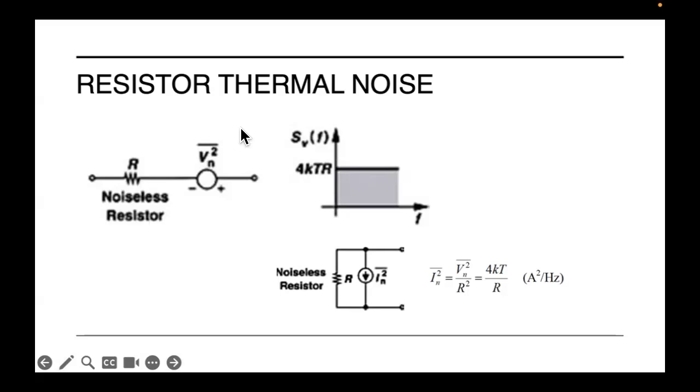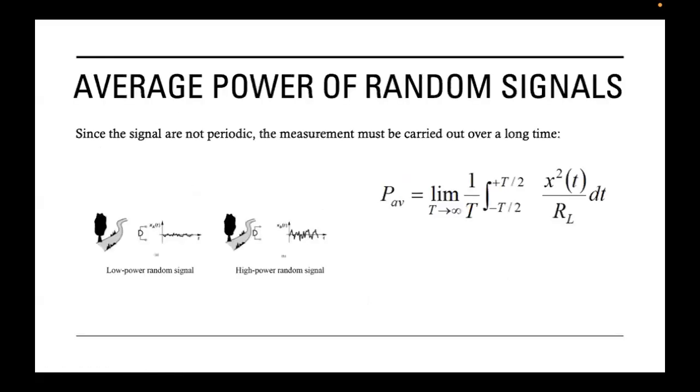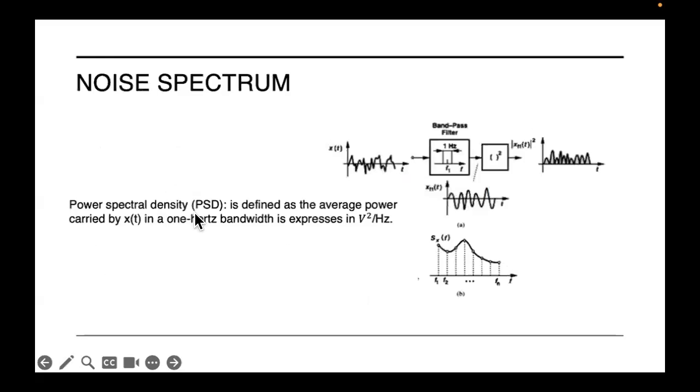As we already mentioned previously, this represents a unit either in terms of voltage squared per hertz, or here ampere squared per hertz. We already discussed this when we talked about the power spectral density, or the PSD, and we normalize this over hertz.